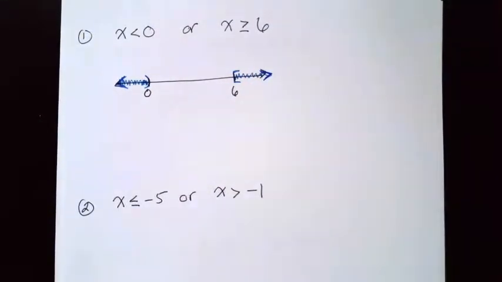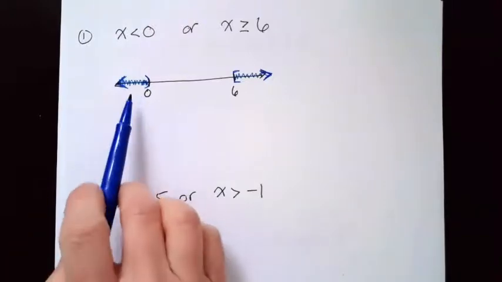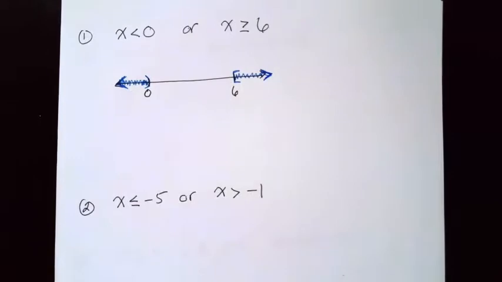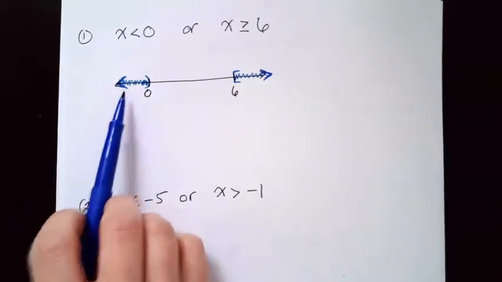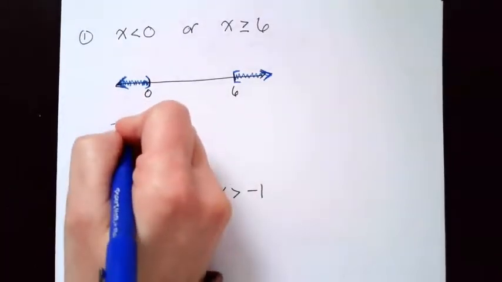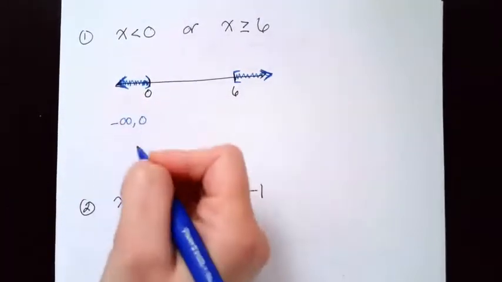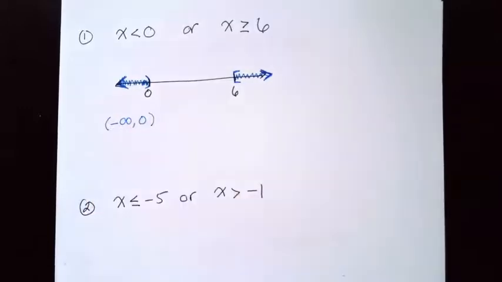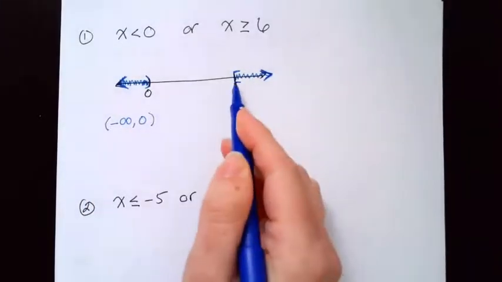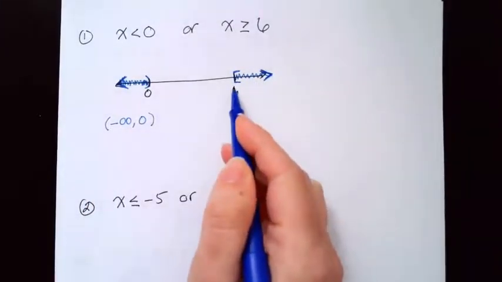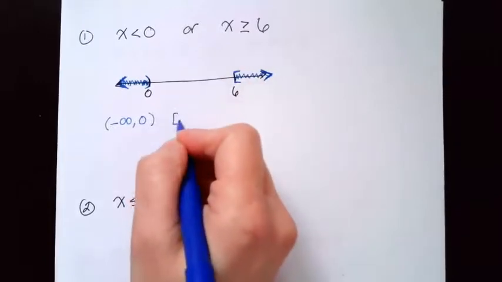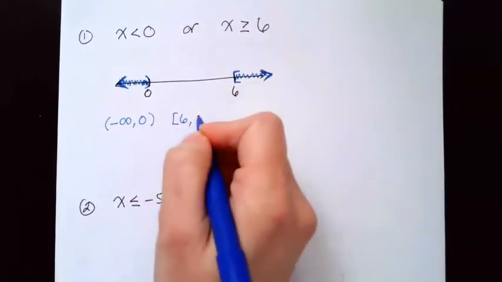Let's practice writing this in interval notation as well, since we have the graph. So we have two different pieces that are graphed, two different pieces that are shaded, so we'll have two different parts of our interval. The first interval would go from -infinity to 0, parentheses around both of them in this case. The second interval would go from 6 included, bracket around the 6, to +infinity.